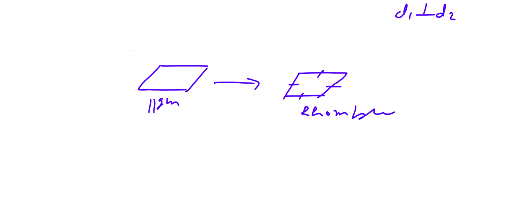And here opposite sides are equal. From here we will make a rectangle first, where each angle is 90 degrees and opposite sides are equal.